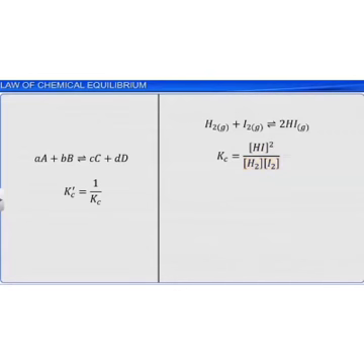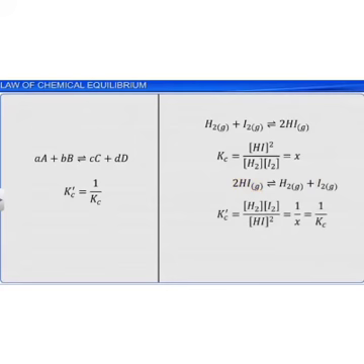Let us say this is equal to X. Now, the equilibrium constant for the reverse reaction, hydrogen iodide disintegrating to form hydrogen and iodine, is written as K'c is equal to the product of the concentration of hydrogen and iodine divided by the concentration of hydrogen iodide raised to the power of 2.